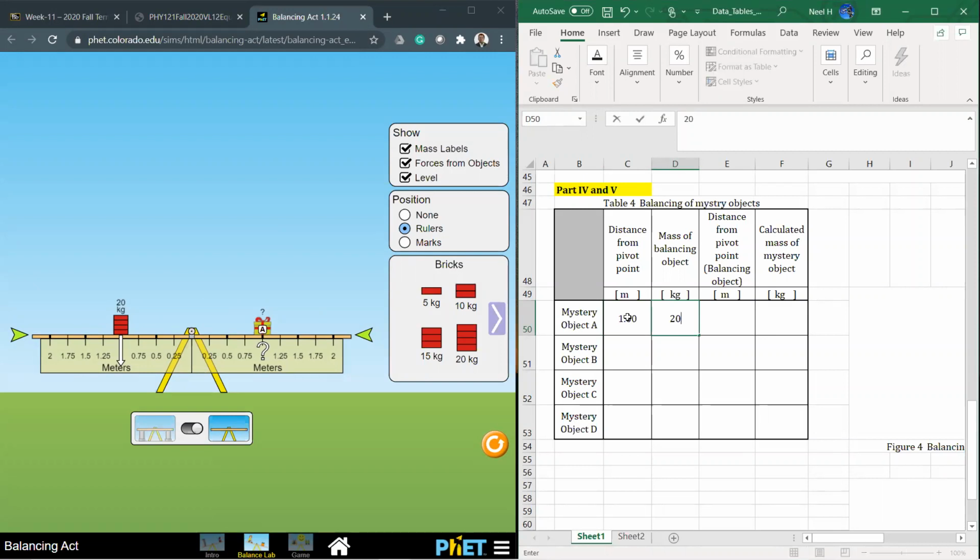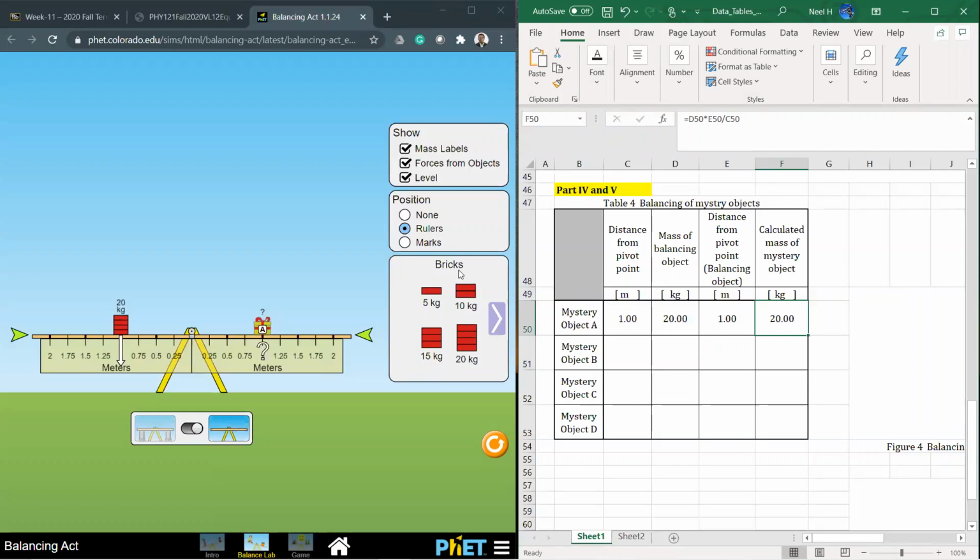Balancing object, I use 20 kilograms. Distance for the known object, 1 meter. So if you use the torque equation, mass equals M2 multiplied by R2 divided by R1. So that's going to be 20 kilogram, okay?